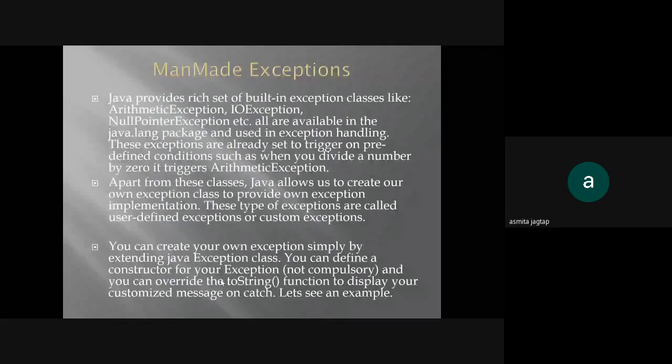Then man-made exceptions: at a smaller level we do not go with man-made exceptions, meaning creating our own exception classes. But when you go into the industry, each company has its own exception classes where they throw the errors they want. That is called a man-made exception.